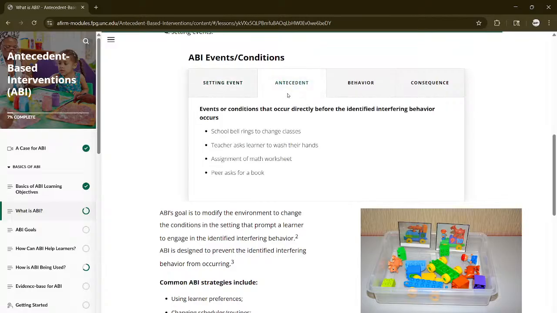Antecedent: events or conditions that occur directly before the identified interfering behavior occurs. School bell rings to change classes, teacher asks learner to wash their hands, assignment of math worksheet, peer asks for a book.